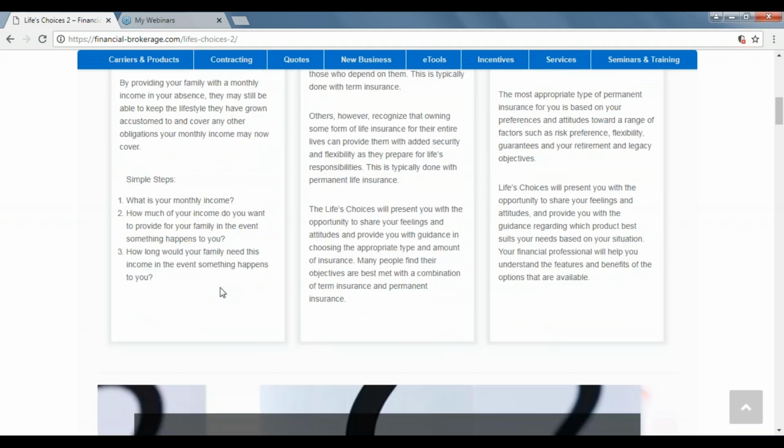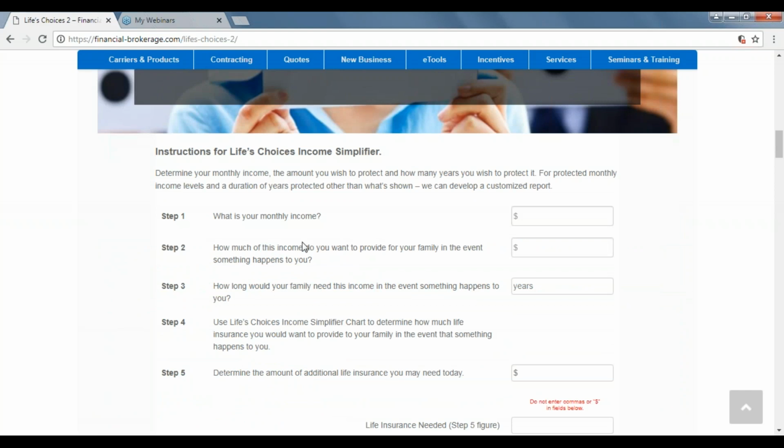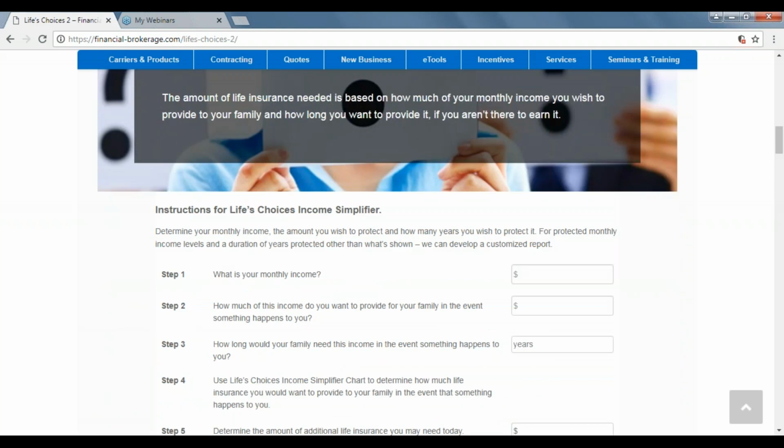This is one that we happen to put out there. Again, you can use a different one if you want to. But this one is very, very simple. It does not take into account fixed needs like paying off a mortgage or maybe even a college education. So it's a little bit limited.